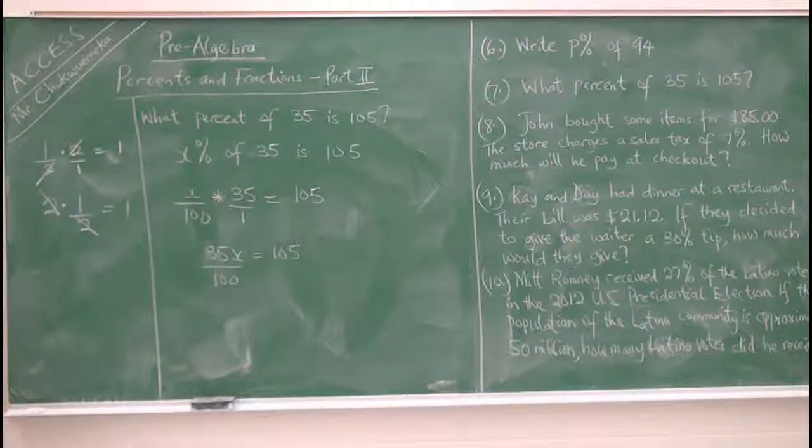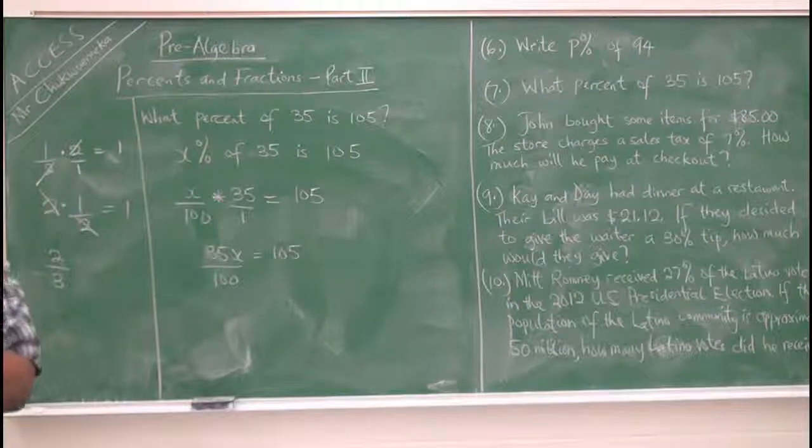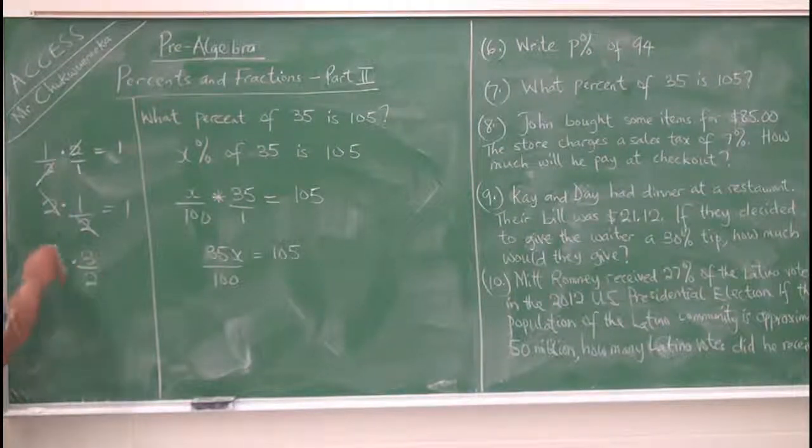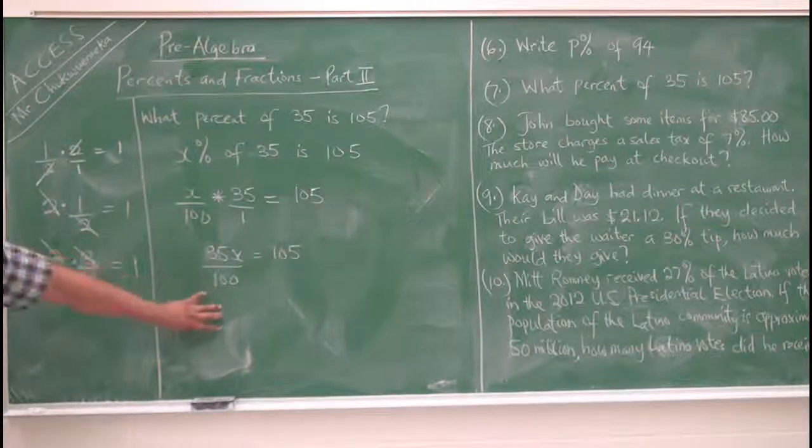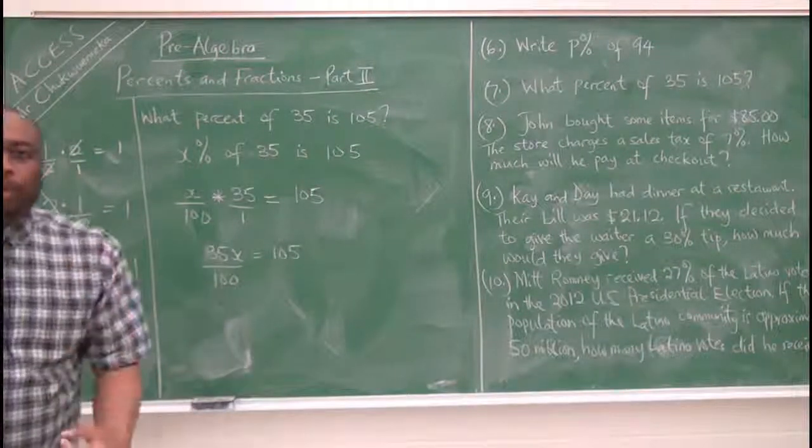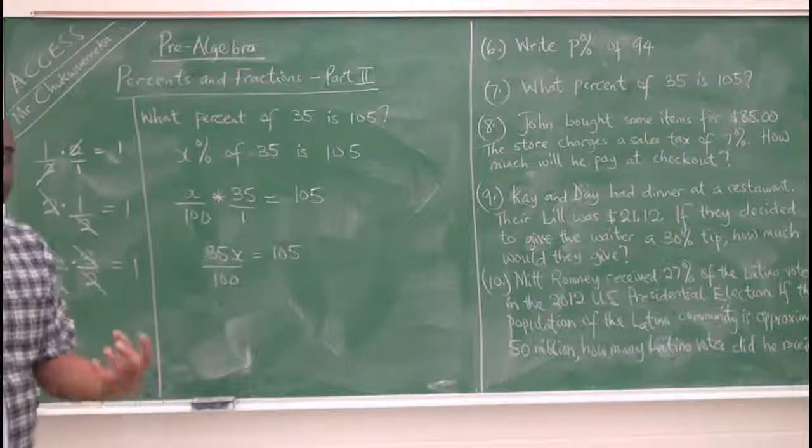So what if you have 2/3? What is the multiplicative inverse of 2/3? This means what will you multiply by 2/3 to give you 1? And that will be 3 over 2. So that 2 will divide 2 gives you 1, 3 will divide 3 gives you 1, and you have 1.